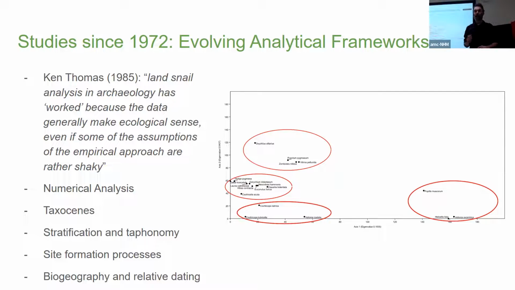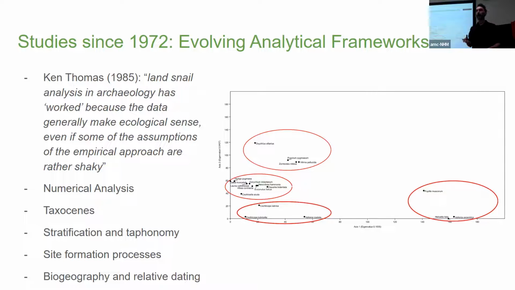Starting from the end of the 1980s, John, during his heyday, and his PhD students start to engage much more with statistical methods. And perhaps this is most fully developed in the work that John published in 1991 with Diane Williams on the snails from the root of the M3, which made good use of diversity indices, good use of ordination techniques as well.